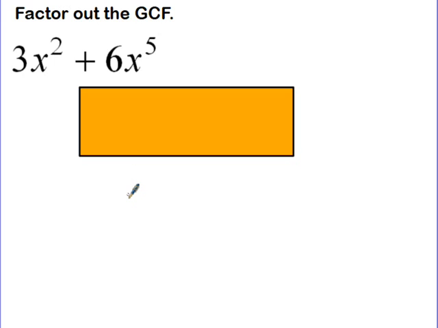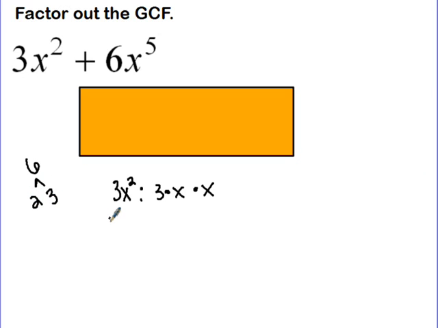Well, the number 3 cannot be broken down any further, so 3x squared is 3 times x times x. And 6, well, that can definitely be broken down, because what 2 numbers multiply to give me 6? 2 times 3.